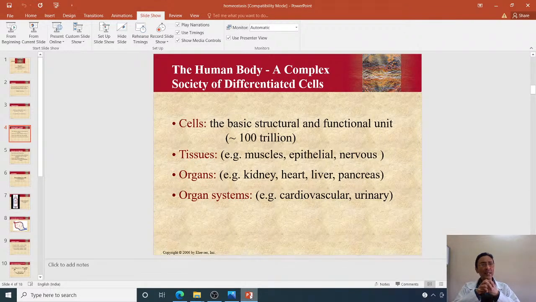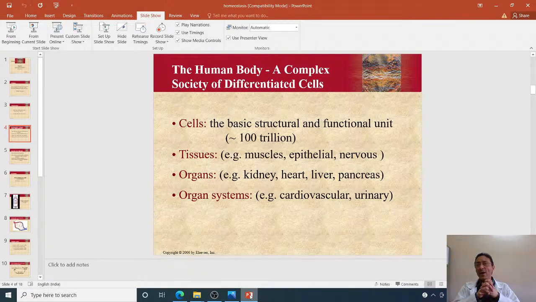So basically, the 25 trillion RBCs carry oxygen to the remaining 75 trillion cells, and these 75 trillion cells utilize this oxygen to generate energy by utilizing the carbohydrates, fats and proteins. I think till here it is clear.